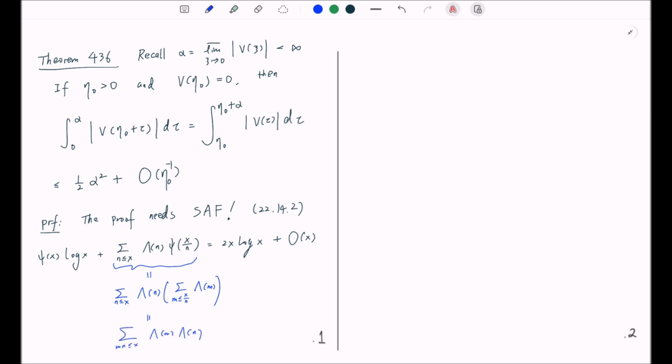And you have seen this argument before, when we proved that this formula is equivalent to the other one in Selberg's theorem. So now we're going to use this formula.